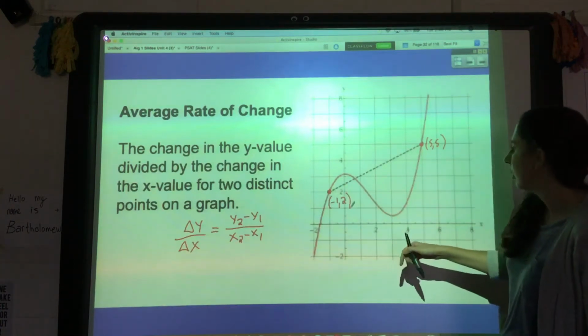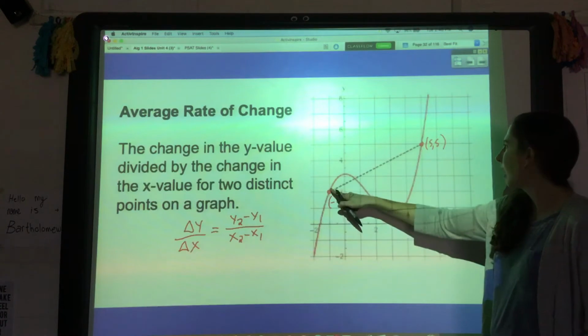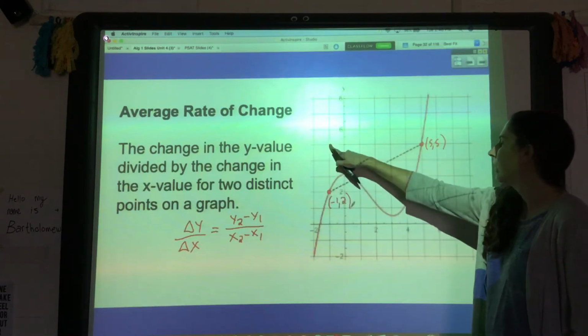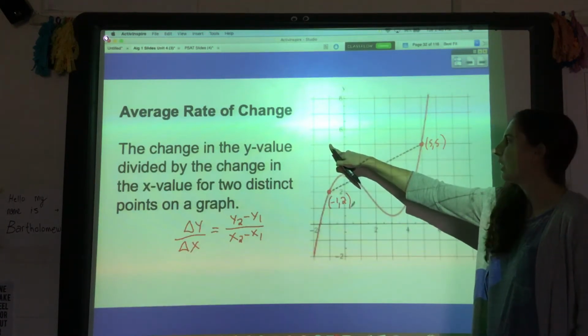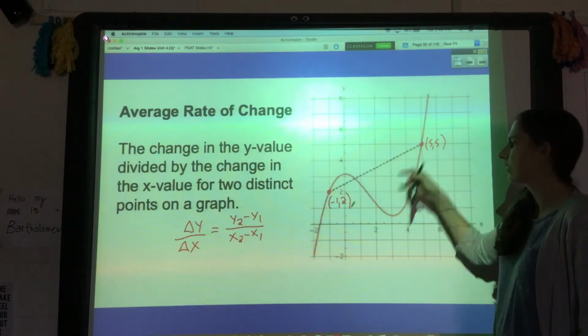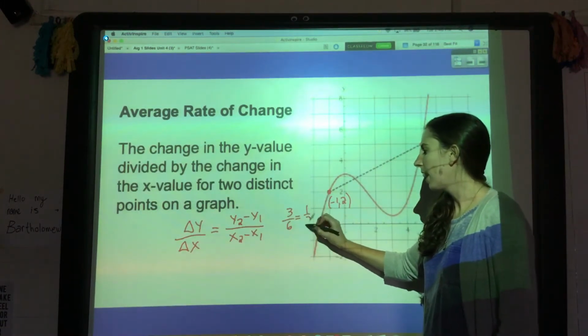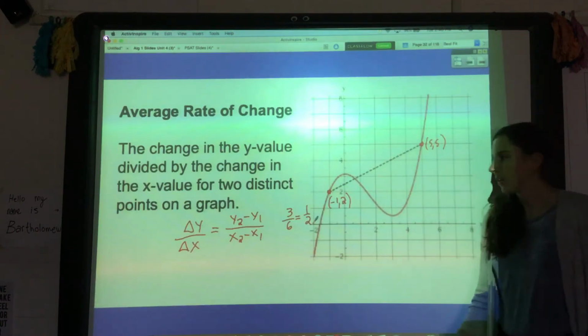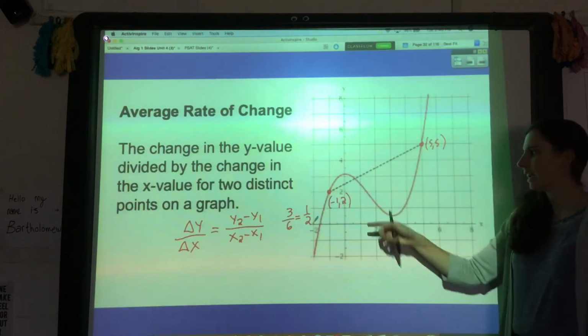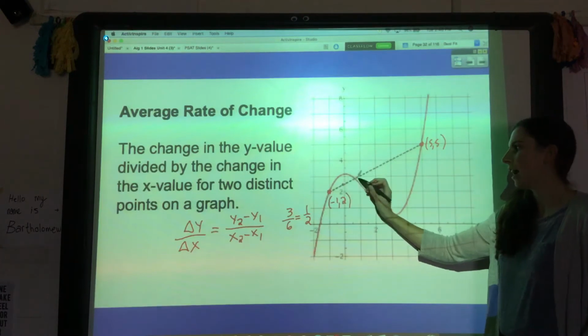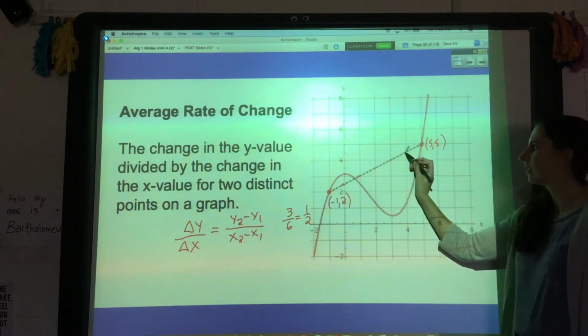And so the rise, or the change in y, would be up 1, 2, 3, and then the run is 1, 2, 3, 4, 5, 6. So you go up 3 over 6, which simplifies to a half. So even though this graph kind of is bumpy, it averages going up 1/2 each increment of x, as you can see.